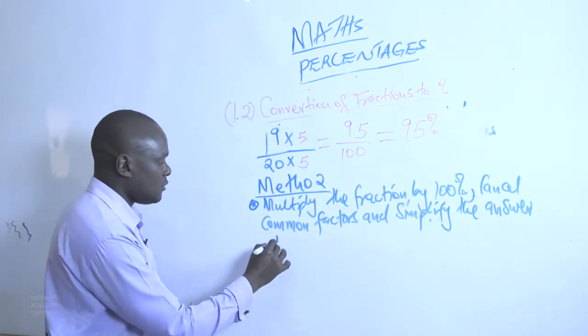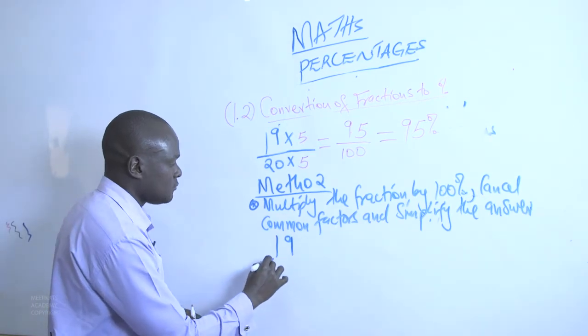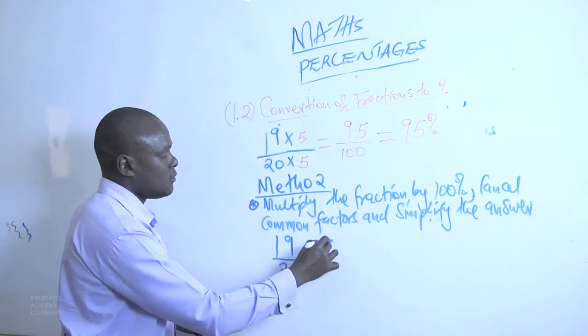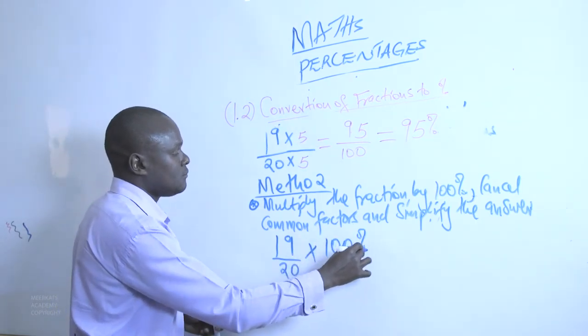Our fraction is 19 out of 20. We multiply this by 100%.